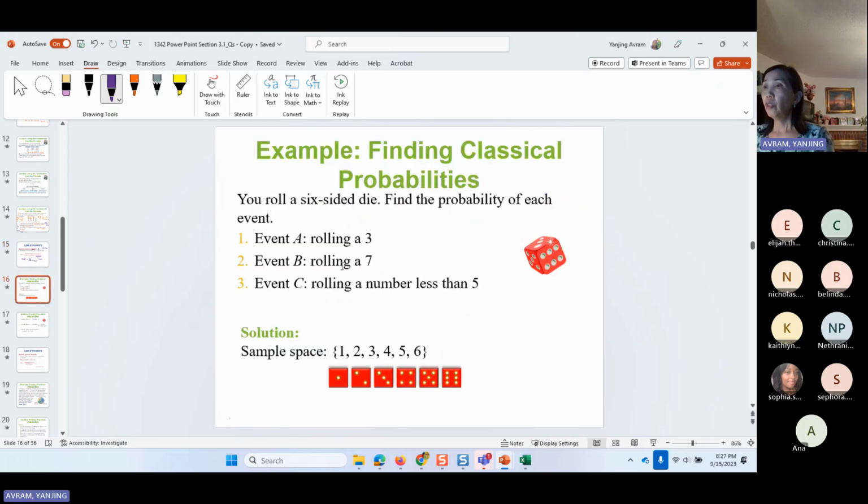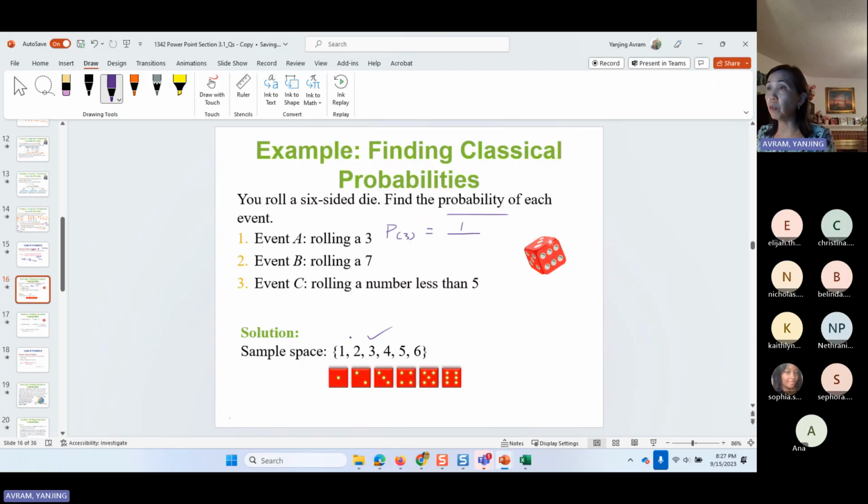All right, look at this one right here. This is a 6-sided die. Find the probability of each event. Landing a 3: we have 1, 2, 3, 4, 5, 6, so there's only one 3 here.